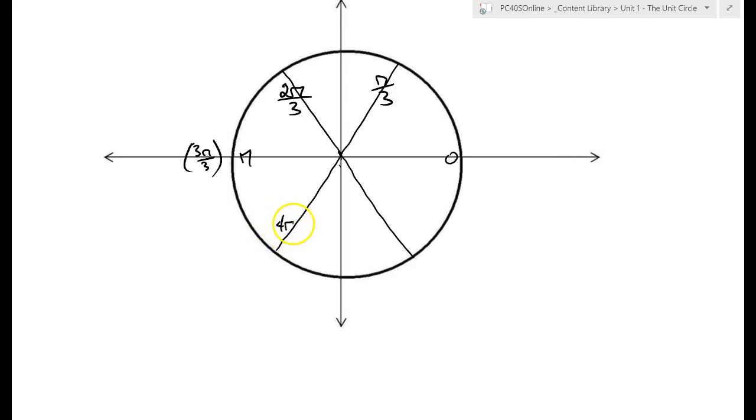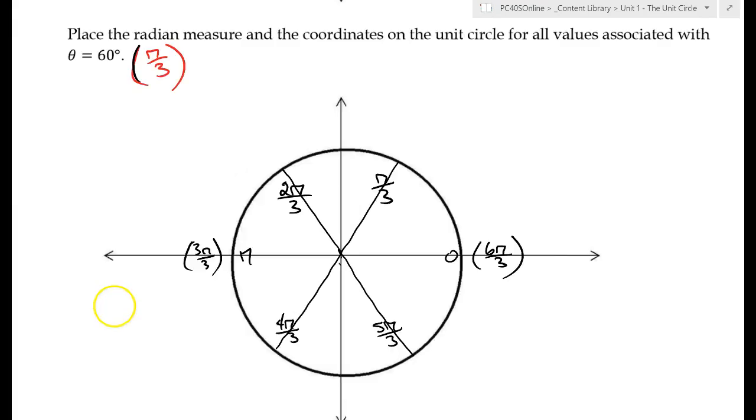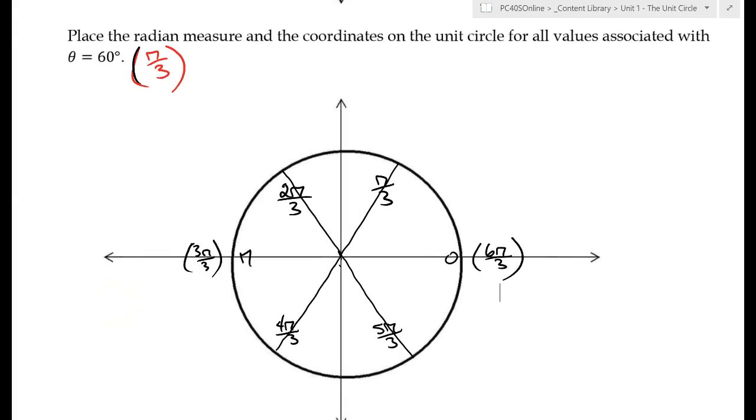This would be 4 pi over 3, 5 pi over 3, and again, 6 pi over 3 would reduce to 2 pi. So those are radian angles that you'll want to kind of lock in and associate with that 60-degree reference. Pi over 3 is 60 degrees, if you remember nothing else.